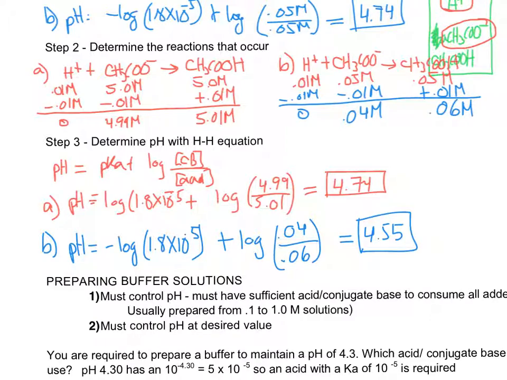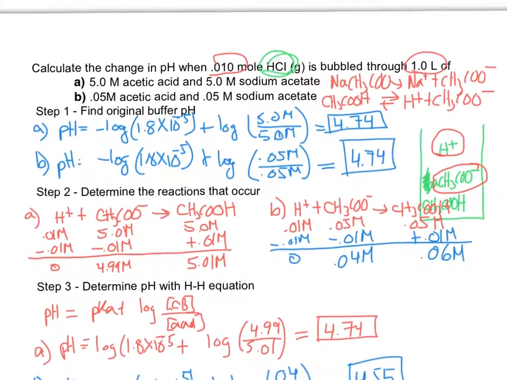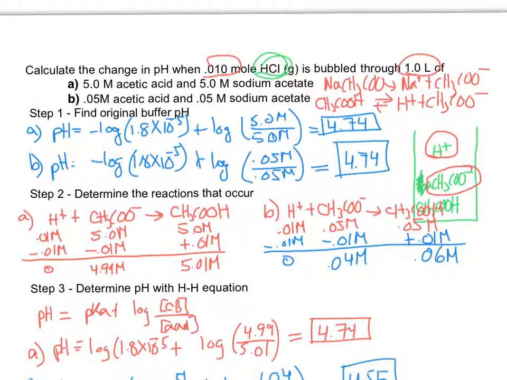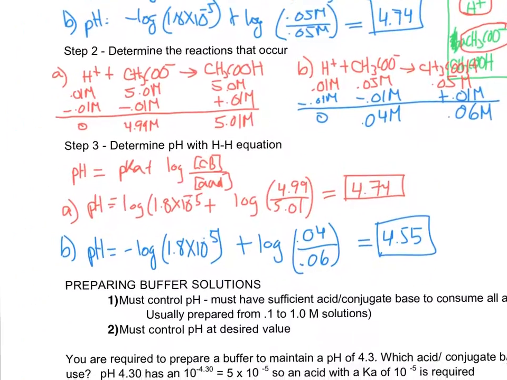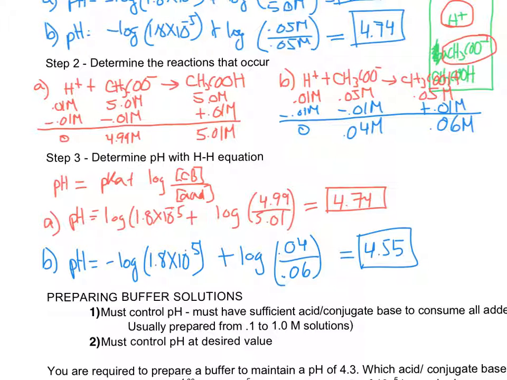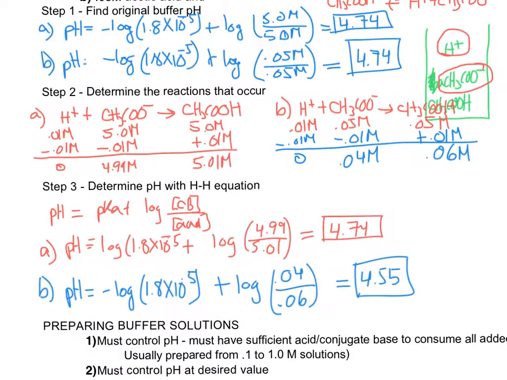My initial question was asking what change in pH happens when you add that 0.01 moles of HCl to these two buffers. And so looks like if I add my acid to my first buffer, pH remains the same.